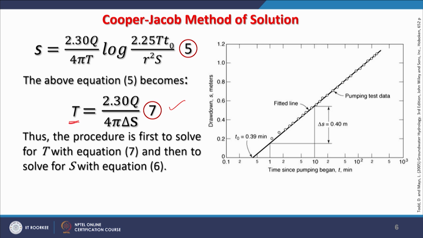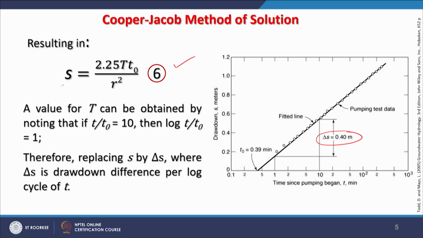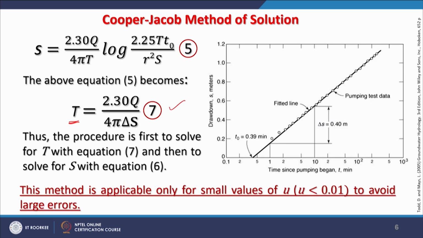As you can see, the output here is transmissibility, and then to solve S with equation 6, where we are solving the S. So, this method, the Cooper-Jacob method, is applicable only for small values of u, which we have discussed initially in this discussion, and that means u should be less than 0.01 to avoid any kind of large errors. This is important here, that the only condition is that these values of u should be very small.